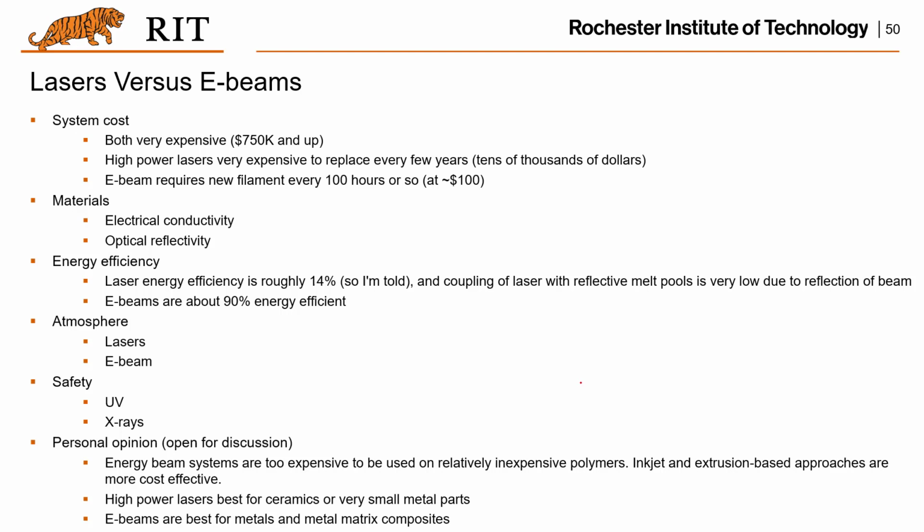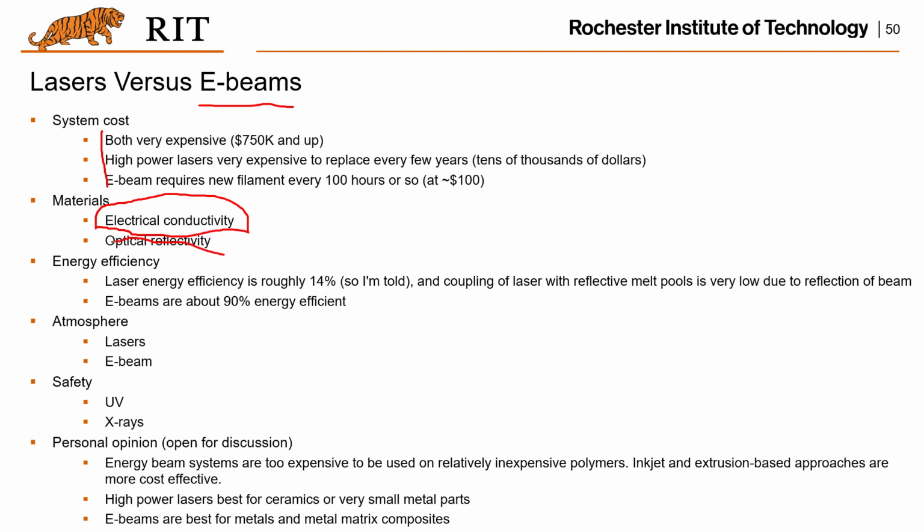So here we summarize the different aspects of the laser and the electron beam printing processes. They are both expensive and have high energy consumption. For the laser based one, you do not need to worry about the electrical conductivity, but the electron beam one can only use materials with good electrical conductivity.